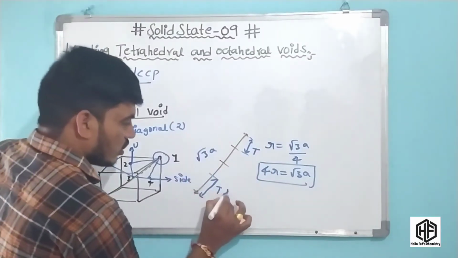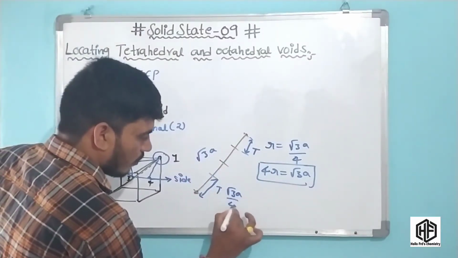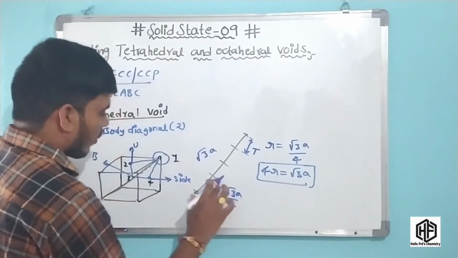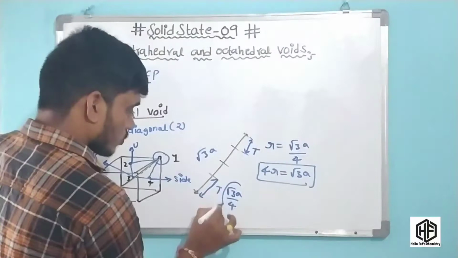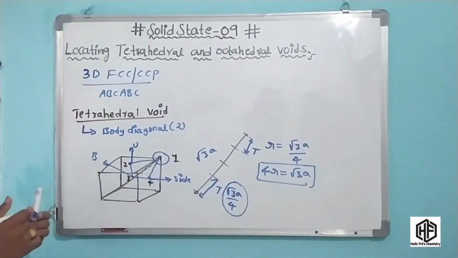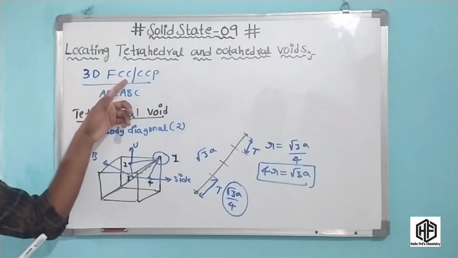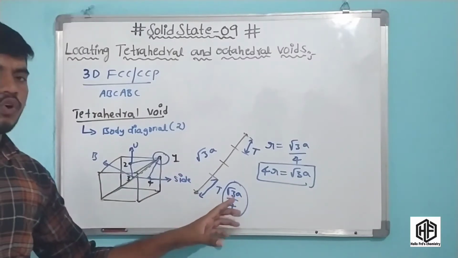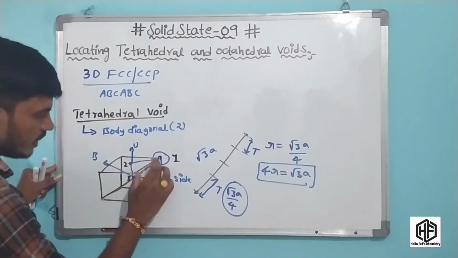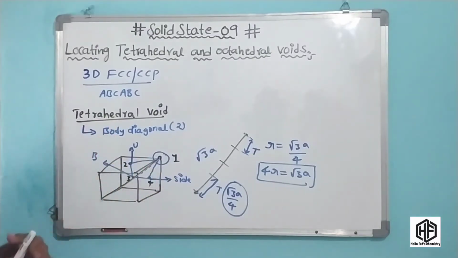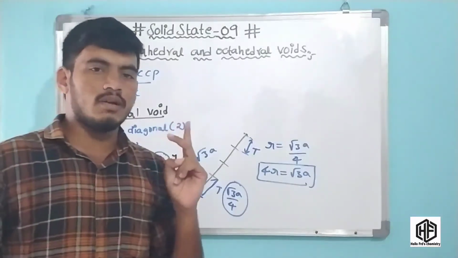Root 3 a by 4 part is covered by a tetrahedral void. It means one diagonal has two tetrahedral voids.